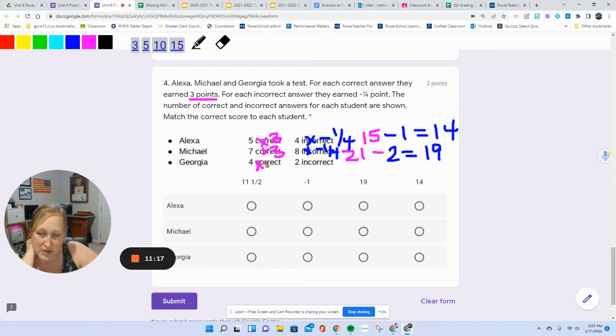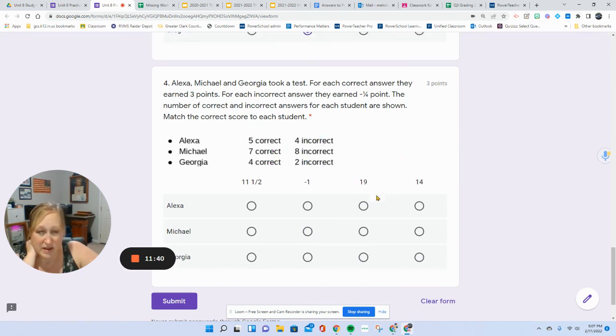So she got 4 times 3, which is 12 points. But she lost 2. So 2 divided by 4 is 1/2. So -1/2. So she got the 11 1/2. So your answers, 14, 19, 11 1/2.